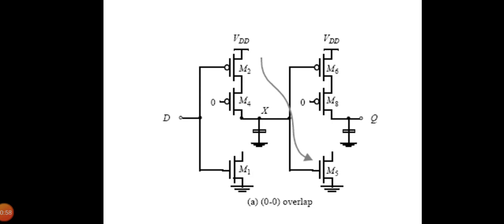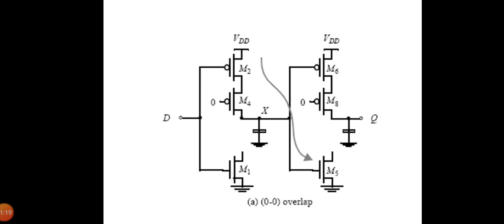The 1-1 overlap case, where both NMOS devices M3 and M7 are turned on, is somewhat more contentious, and thus the question is again whether new data sampled during the overlap period propagates to the Q output. A positive edge triggered register may only pass data that is presented at the input before the rising edge.